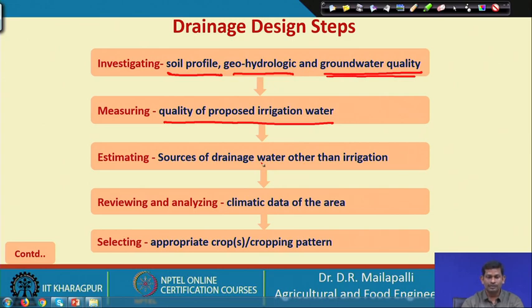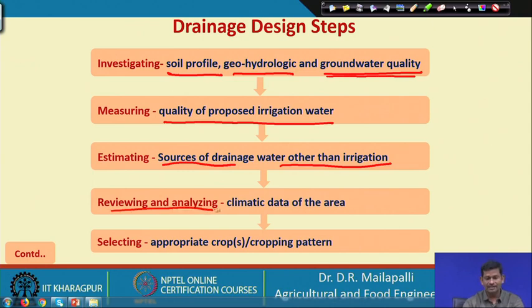You need to check whether the quality is okay to artificially irrigate the plant or not, and estimate the sources of drainage water other than irrigation. Are there any other sources of drainage water other than irrigation?